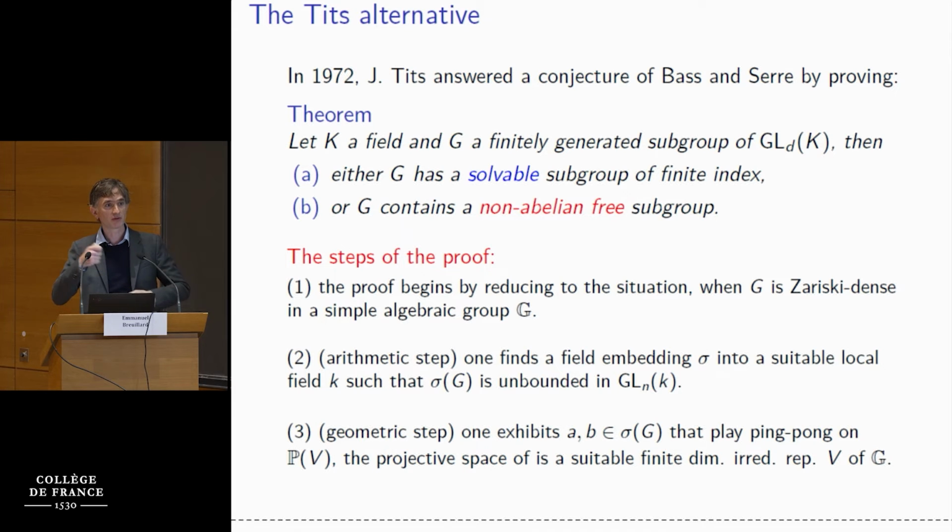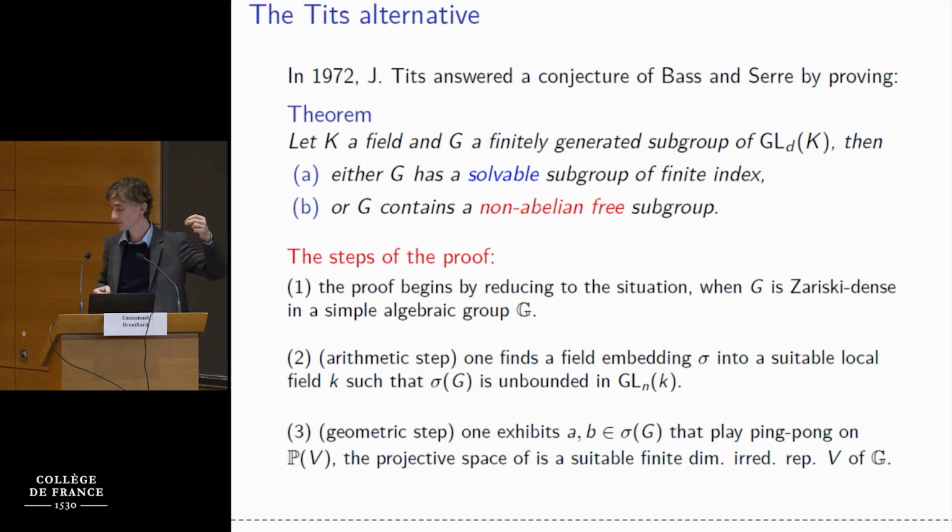You can take pairs of those elements, and a fixed matrix with eigenvalues of modulus different from 1 has a quite clear dynamical behavior on the projective space. Namely, it's going to contract almost every point outside of the characteristic subspace corresponding to the eigenvalues of lesser moduli. It's going to send it very close, when you take high powers, to the eigendirection of the top eigenvalue of top modulus.